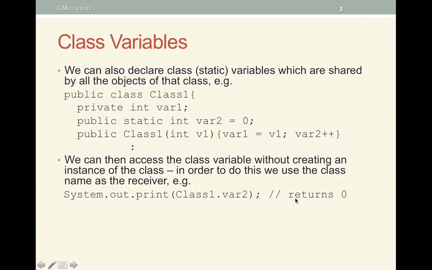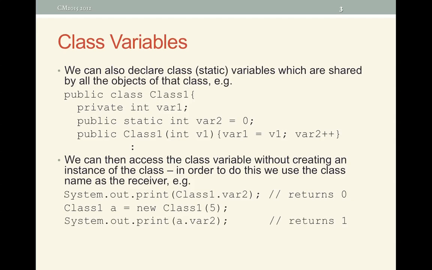But we could also create an instance of the class, A, and then we could print out a.var2. This time it would return 1. Why would it return 1? Well, there's only one copy of var2. It had the value 0 to start with, but when we created a new version of Class1 with the constructor, var2 was incremented, had 1 added onto it.